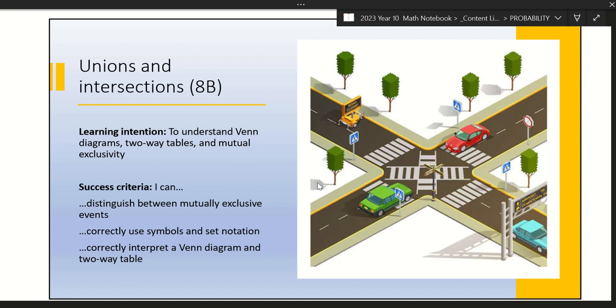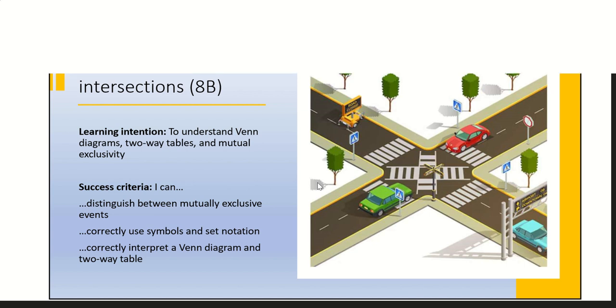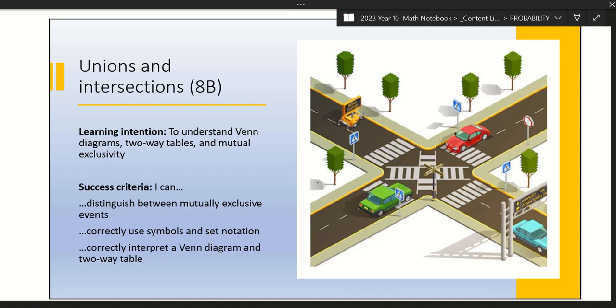Hopefully by the end of today's session, you will be able to distinguish between what is mutually exclusive and what's not mutually exclusive, understand different symbols that we use in probability, especially with Venn diagrams, and interpret what a two-way table is. So copy that down, please.